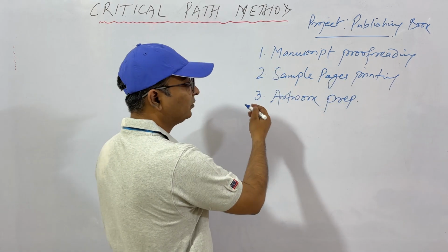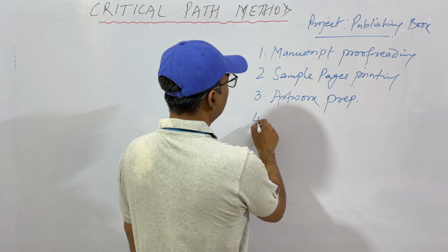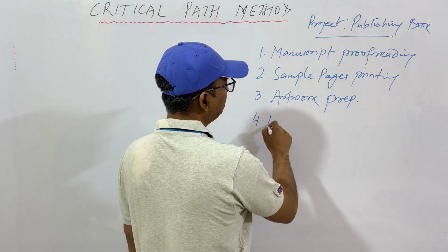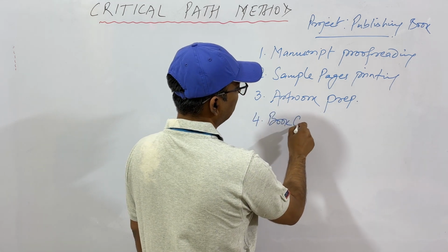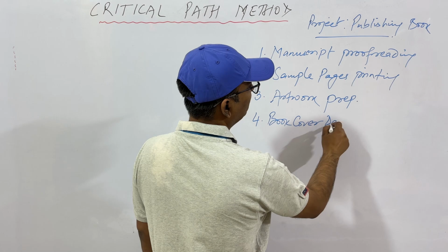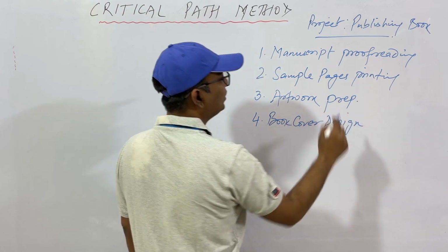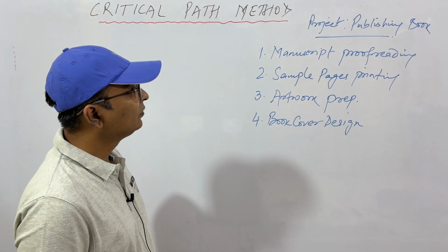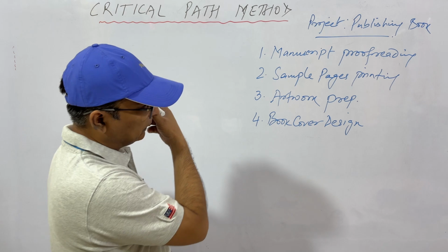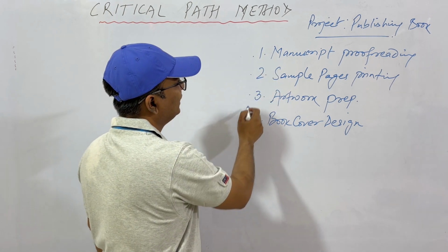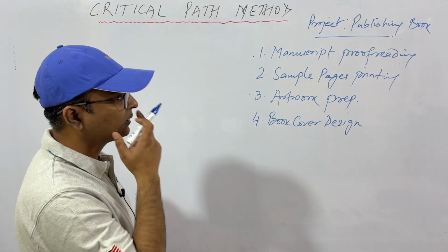Someone will be working on it. Fourth will be book cover design. Obviously a book will have a cover, so you'll need to design the cover. Okay, so these are the first four activities if you want to publish a book.